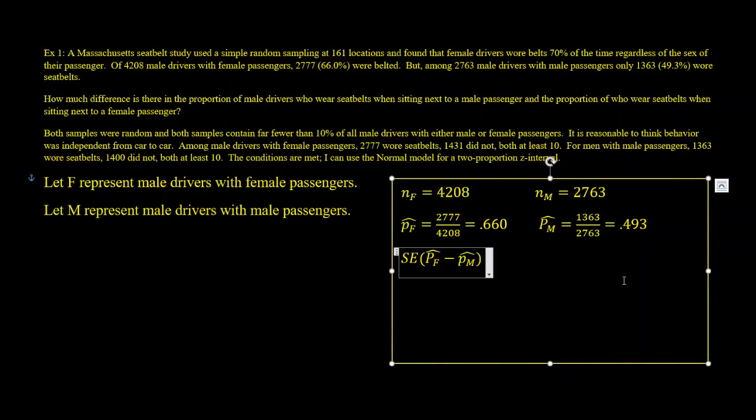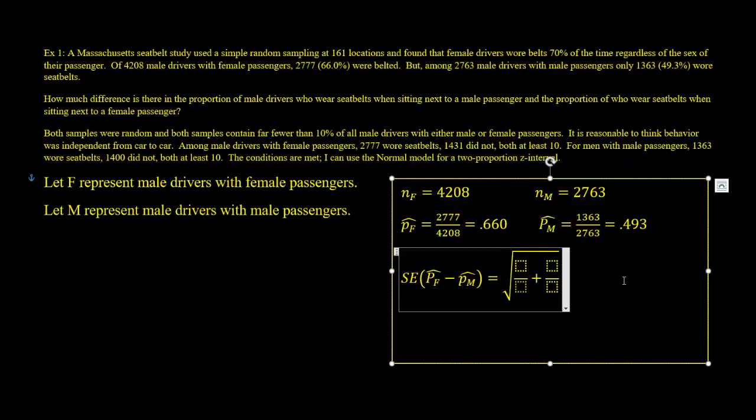It equals, so we've got to use that big standard error formula for two samples, which is p hat 1 times q hat 1 over n1. In this case, it's over females, so I'm going to have 0.660 times 0.340 over the sample size for females, which is 4,208.